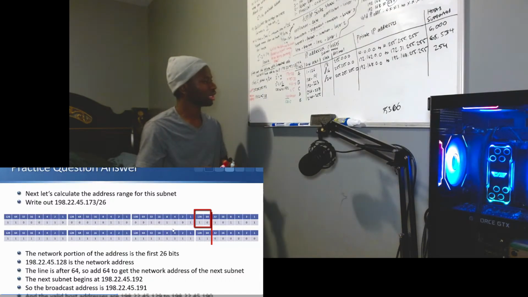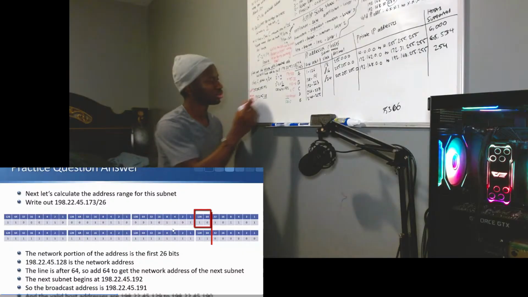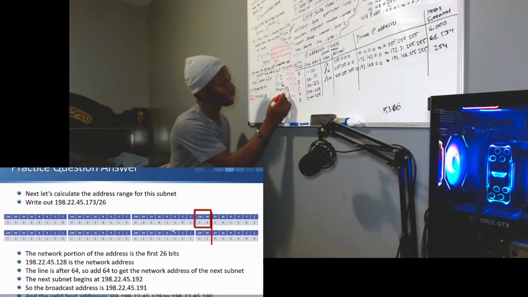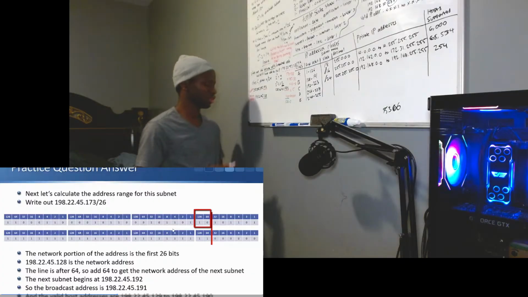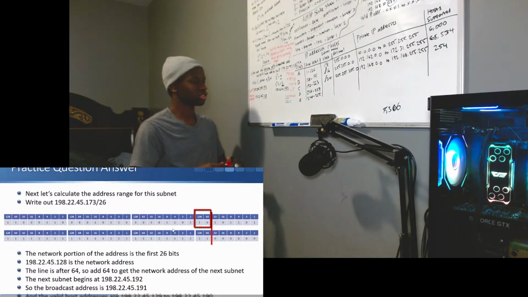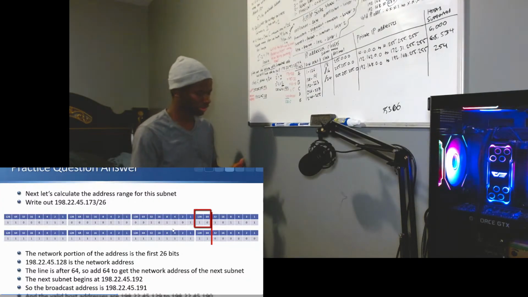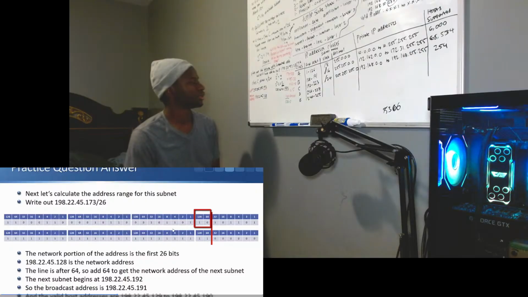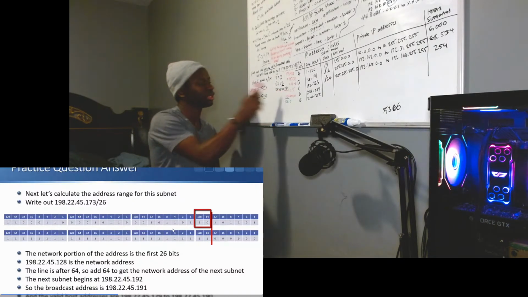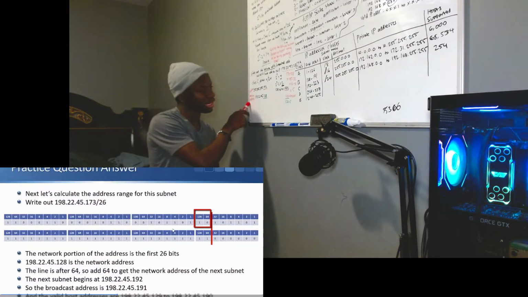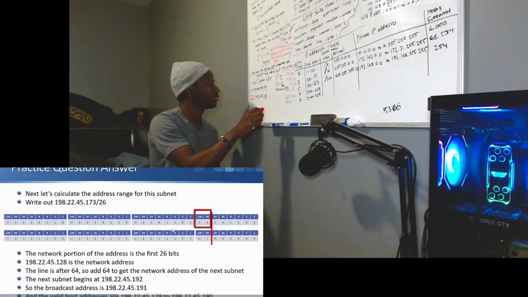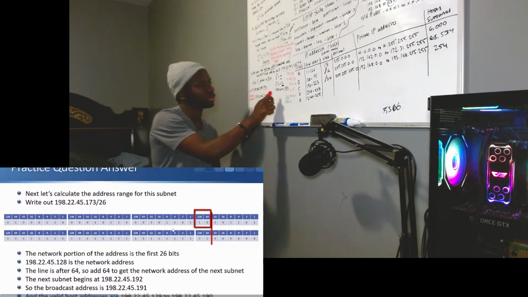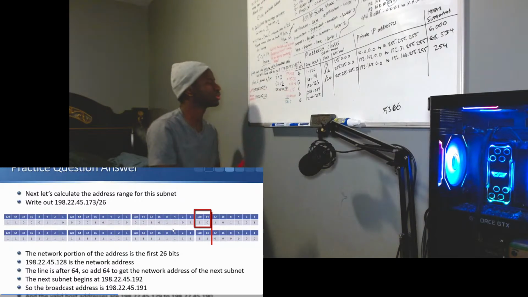So I'm also going to mark that here, just to differentiate. So this is how we got that. For the network address, we did not include the 0, but for the subnet we included the 0.